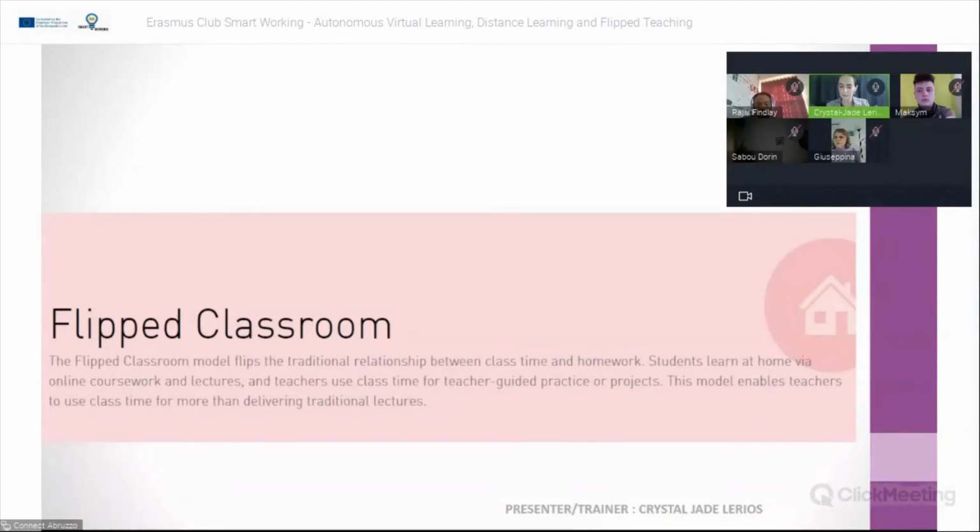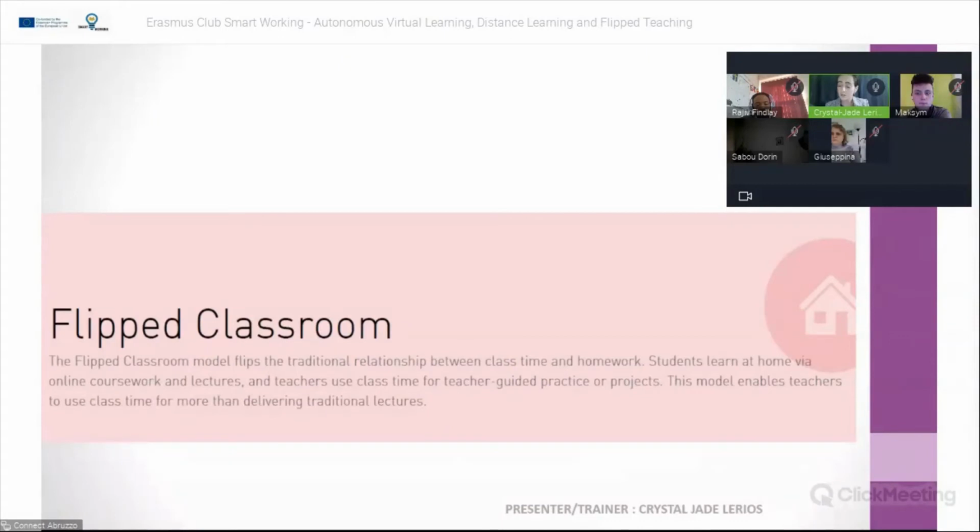What a flip does, it reverses it, meaning that we record, Josefina records, for example, her lecture, she puts it on the online learning management system, and then the students, now this is their homework, that used to be classwork, the theory. At home, they watch the lecture, and that's great because they can watch it as many times as they need.